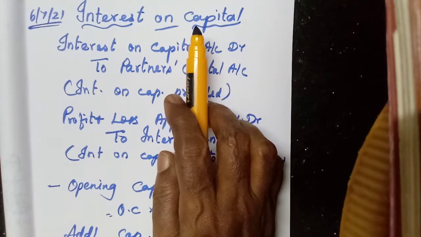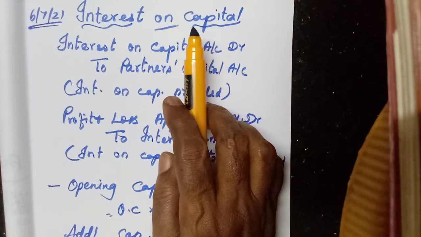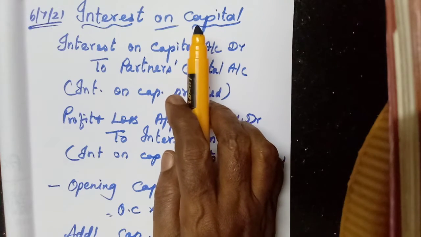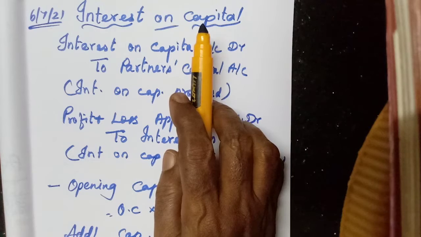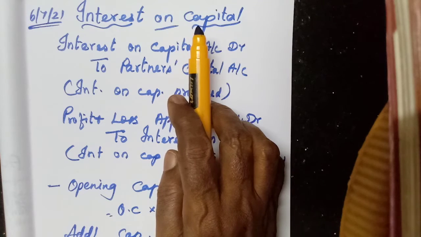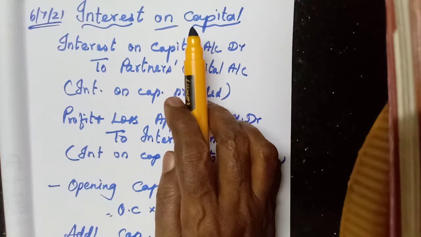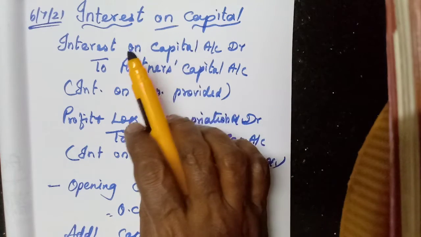This interest on capital is given on the opening capital. If there is any additional capital also, the business has to pay this interest on capital and it will be transferred to the partner's capital account. Interest on capital is an expense for the business, so it will be debited.